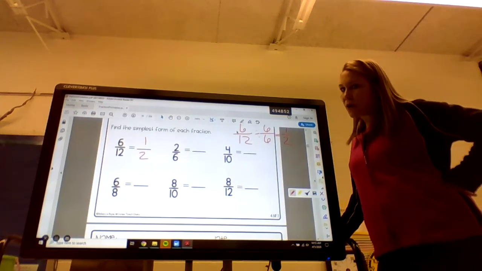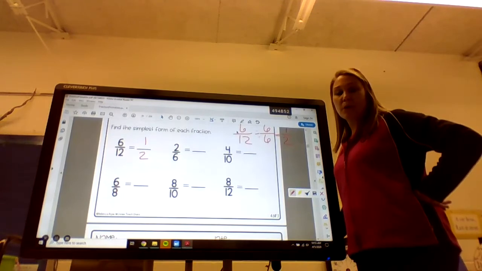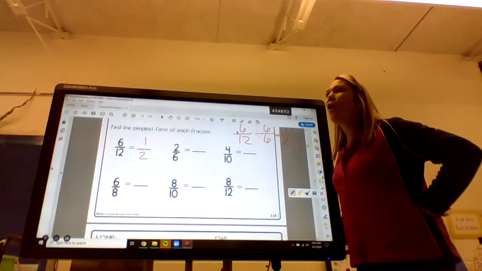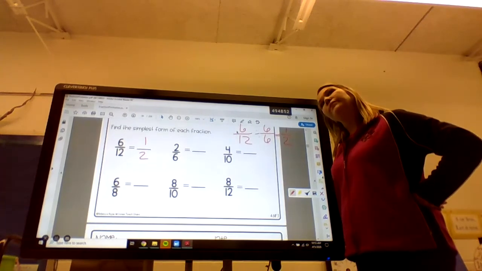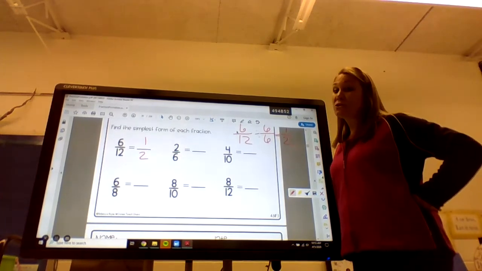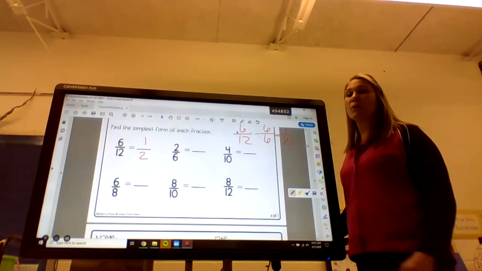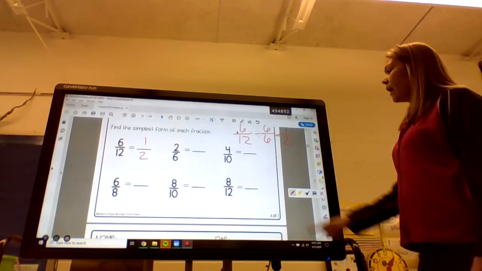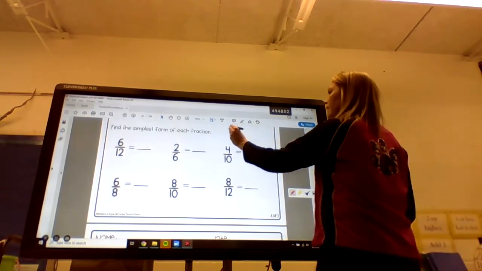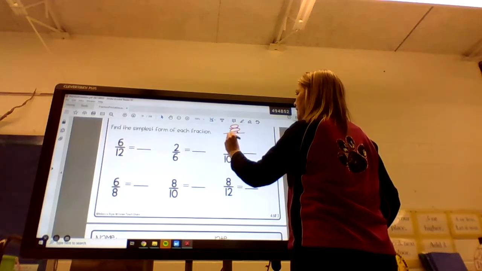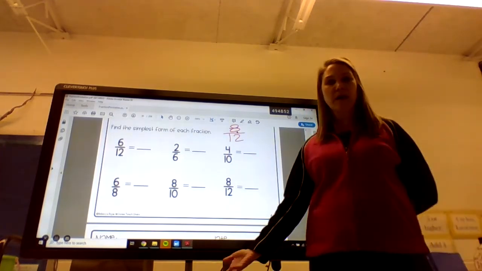Now, remember, we've talked and talked and talked. If you have even numbers, what number can always be divided into even numbers? That's right, 2. But remember, sometimes we can use numbers that are even a little bit higher, but let's look at 8/12. 8's an even number and 12's an even number.